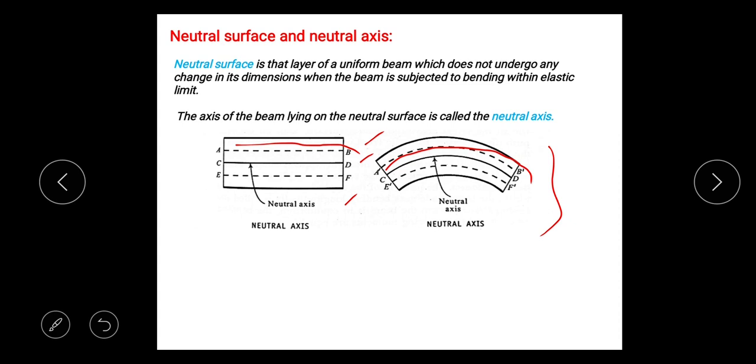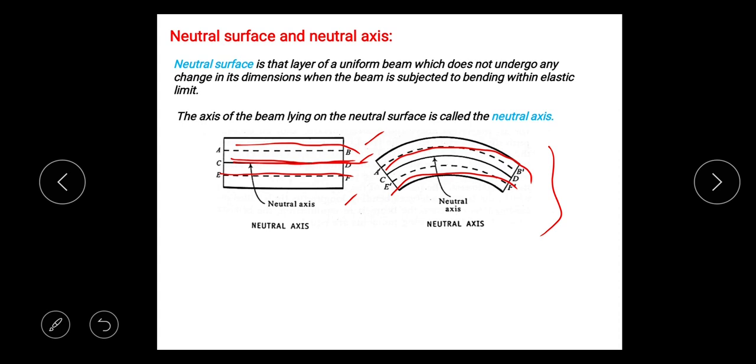And EF of the lower layer, so this is that EF, will be contracted to E'F'. But the layer CD, the middle layer, does not change its length. Such a layer is called a neutral surface or neutral plane. And the filament of that layer is called the neutral axis. So we can take the filament of this layer as the neutral axis. That layer itself is called a neutral surface.